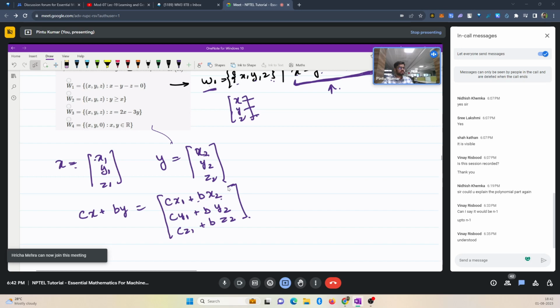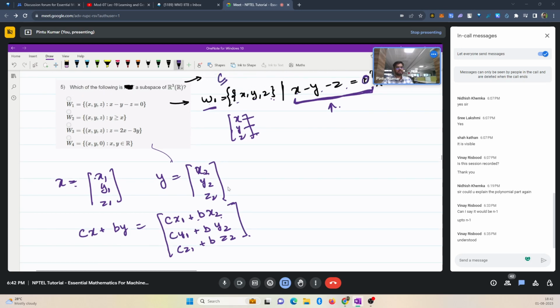This is my element Cx plus By. What I want to check is whether this particular property is satisfied or not. So let's take x minus y minus z, that is Cx1 plus Bx2, minus the second element Cy1 plus By2, minus the third element Cz1 plus Bz2.